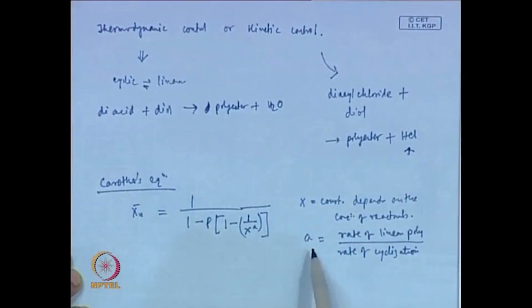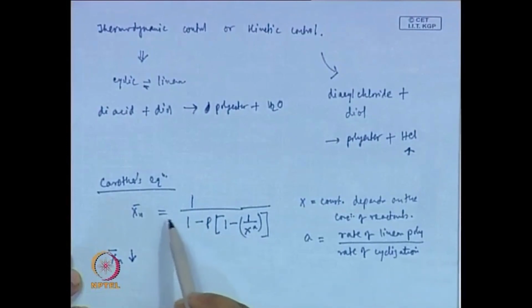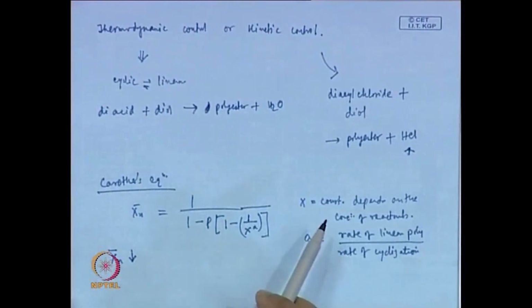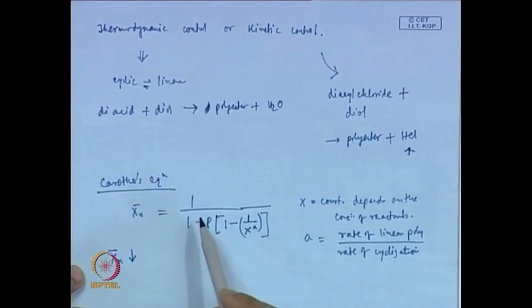As A goes lower, that is, if more cyclization happens, X n comes down compared to if there were no cyclization, which in this case X n was 1 by 1 minus p. In the absence of any cyclization, just pure linear chain formation, we have seen from the Carothers equation in earlier lectures that X n is 1 over 1 minus p. So, because of cyclization X n comes down.